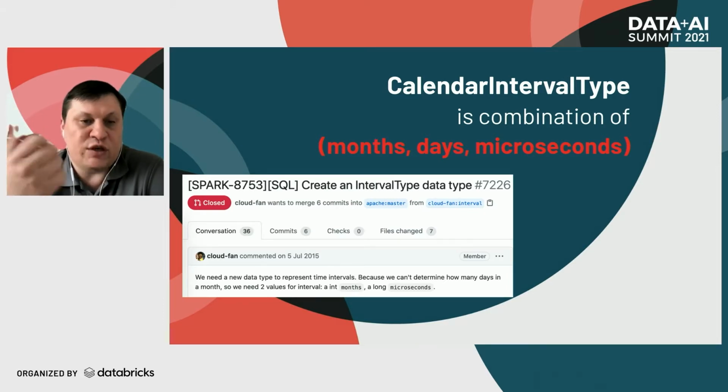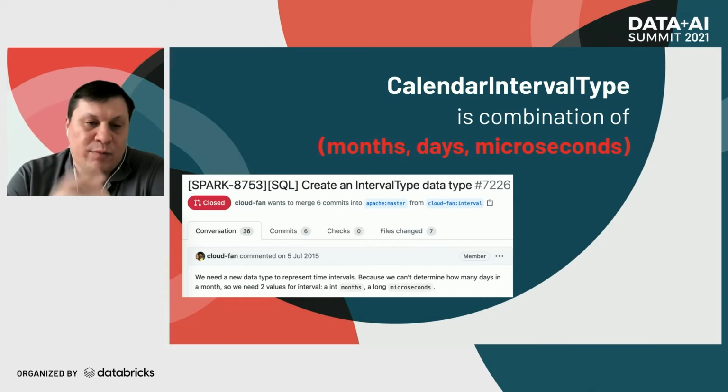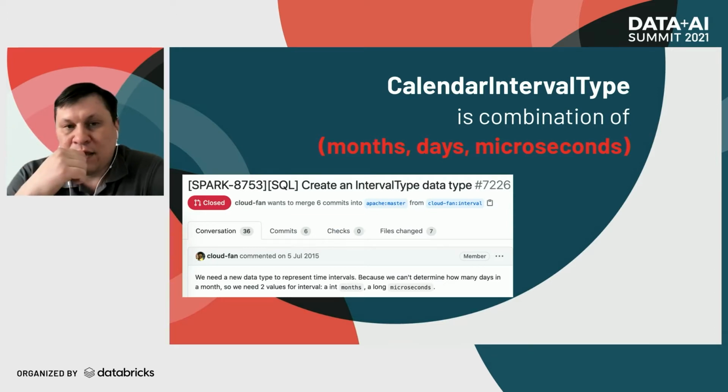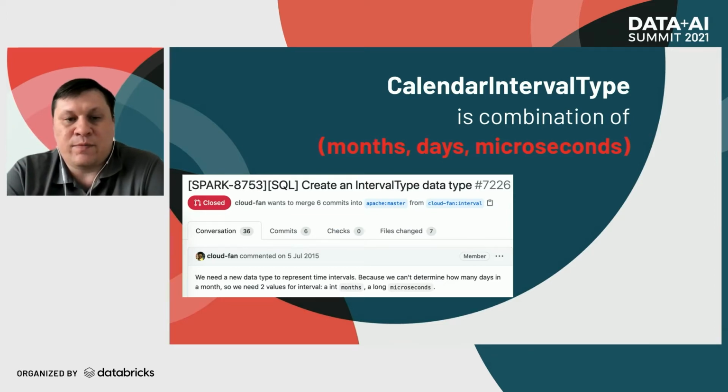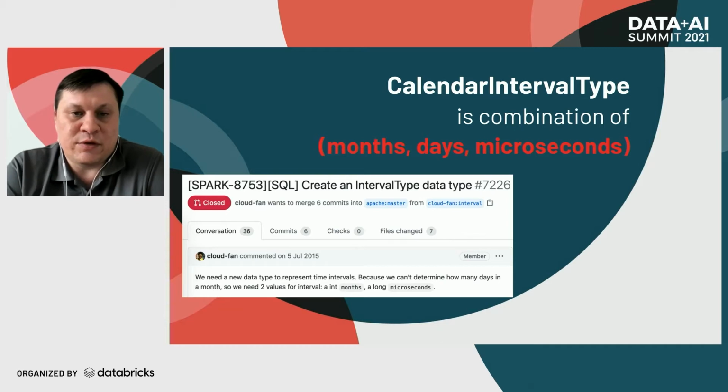If you want to add a couple of months, you should be able to say to Spark, I'm going to add exactly 2 months, not 60 or 62 days. So that's why we added the new type to the Catalyst type system 5 years ago.